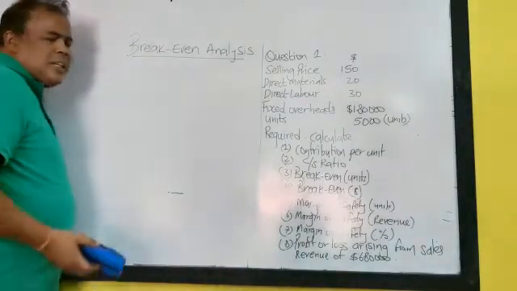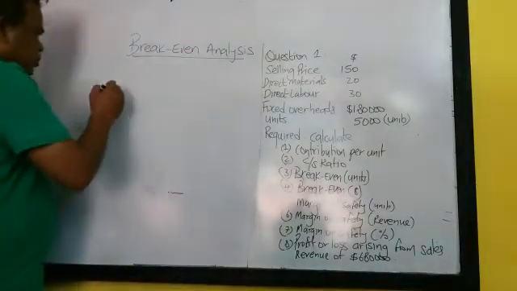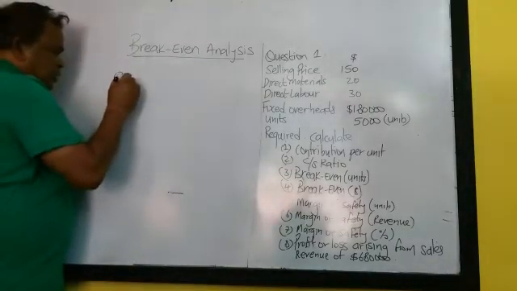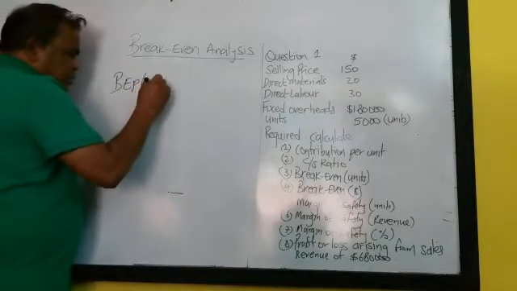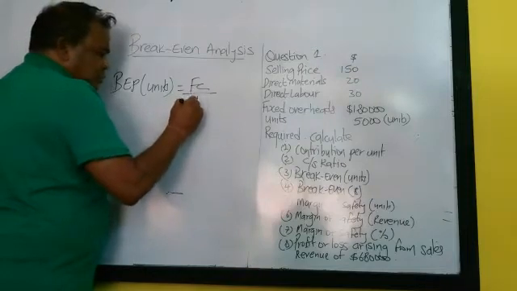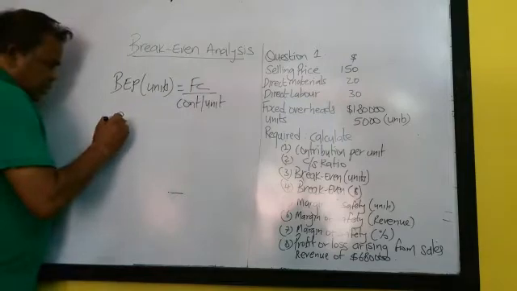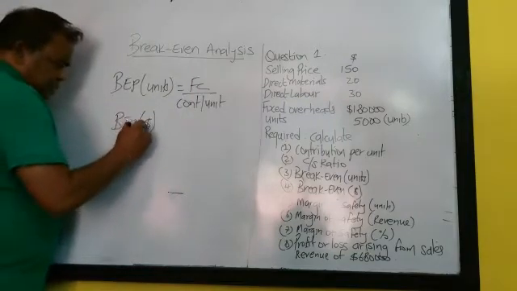We can use the CS ratio to calculate break-even revenue. So break-even units: what is the formula to calculate break-even units? Fixed cost over contribution per unit. Break-even can also be calculated in terms of revenue.